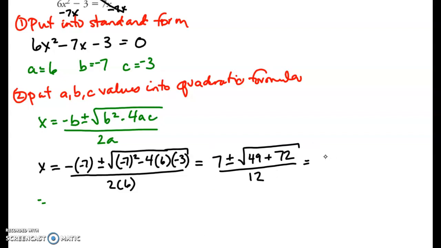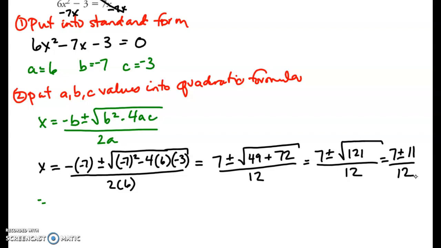Okay, 7 plus or minus the square root of, do that calculation, and you get the square root of 121. Okay, and then our final answer would be 7 plus or minus the square root of 121, which is 11, over 12.